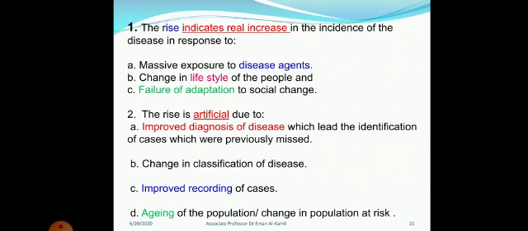This may be a real increase in the incidence of the disease, or it may be an artificial increase. The real increase in the incidence could be due to massive exposure to a disease agent, maybe because of the introduction of a certain agent, whether infectious, chemical, poisonous, or environmental factors, or maybe a change in lifestyle, an increase in smoking, for example, or lack of physical activity, which will lead to an increase in obesity.